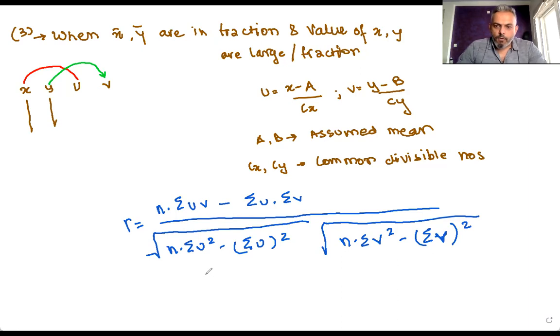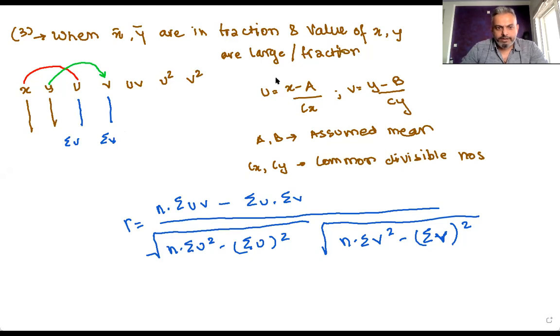So now you have to remember the formula, and the formula decides the columns. So here you will get sigma u, here you will get sigma v. Then you have to find out u into v, u square and v square.